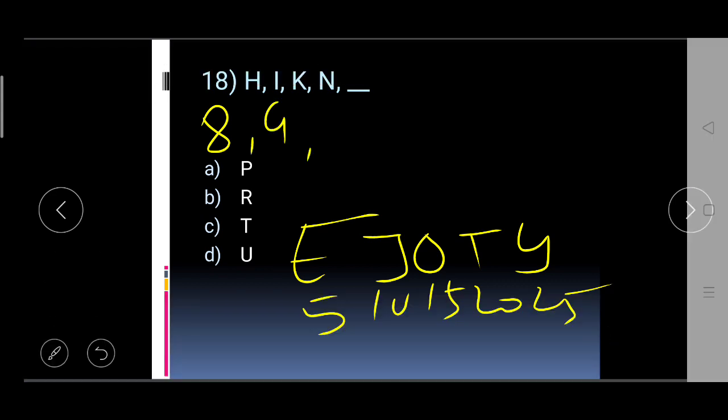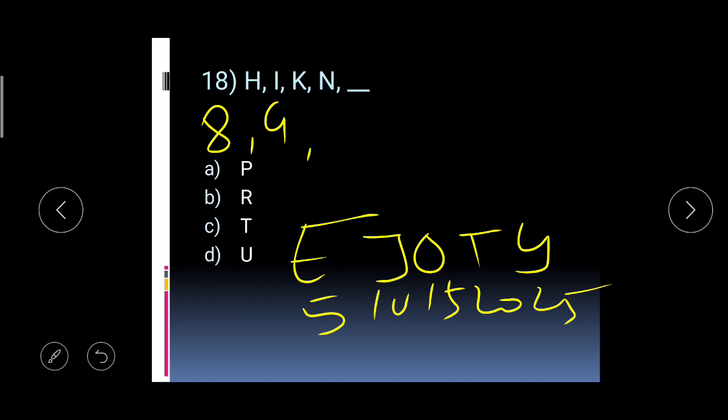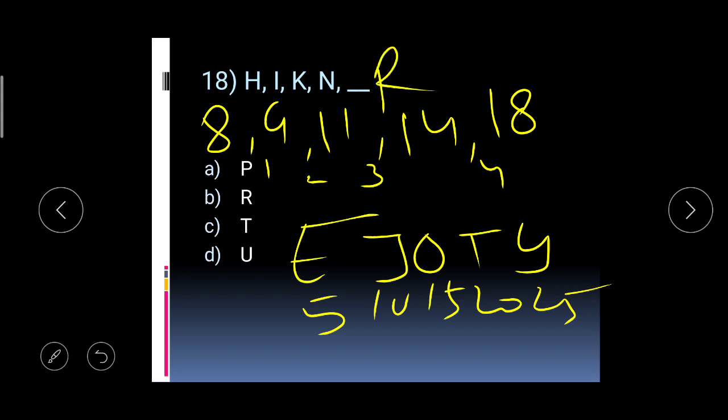K is 11, King's 11, so K is 11. N is 14. Okay, 8, 9, 11, 14. If I find the differences: 1, 2, 3, so the next difference is 4. So the next term is 18. And we just need to find the 18th letter, right? I know that it's R, S, T, and T is 20, so S is 19 and R is 18. So our answer is R.